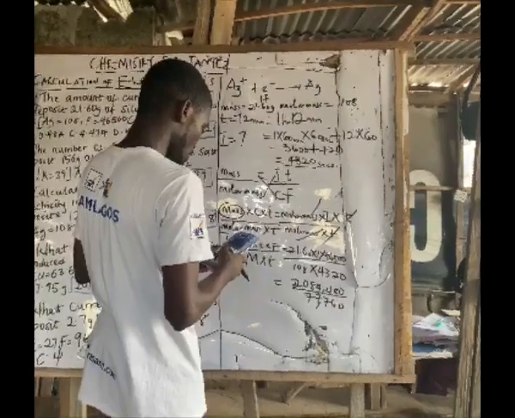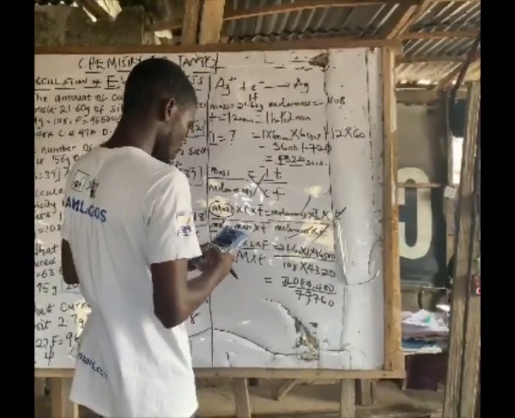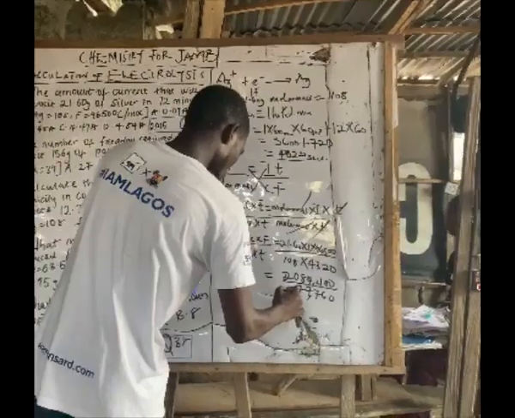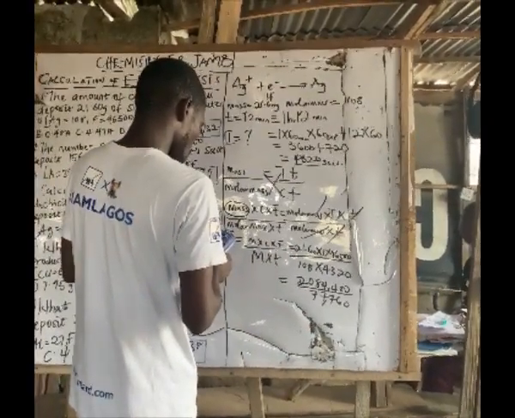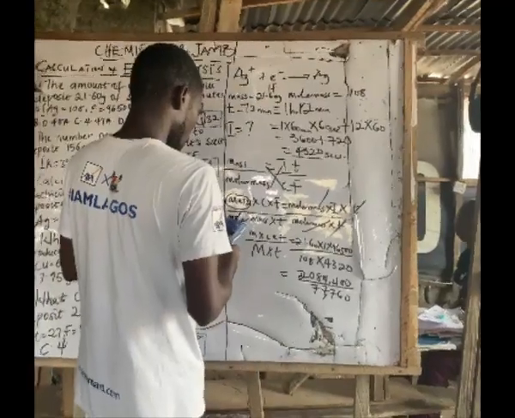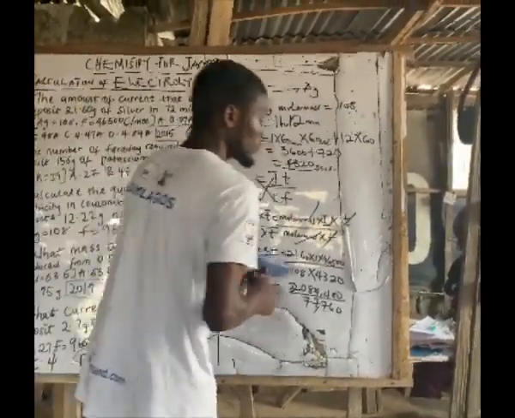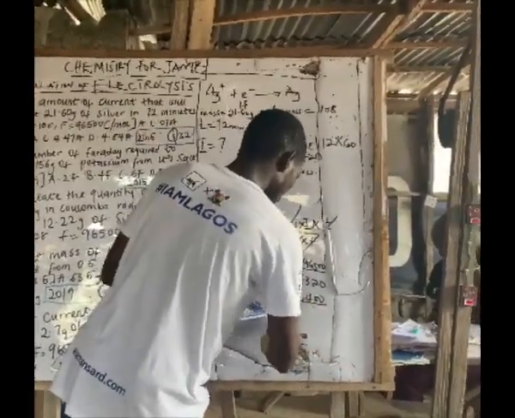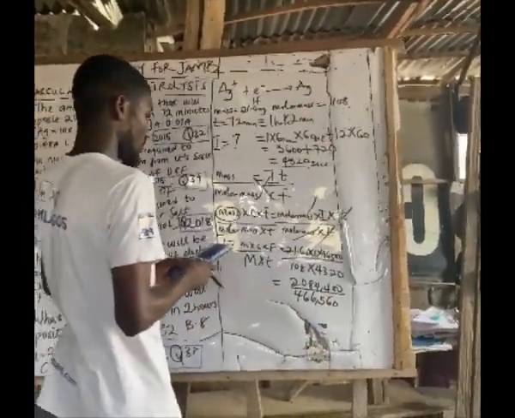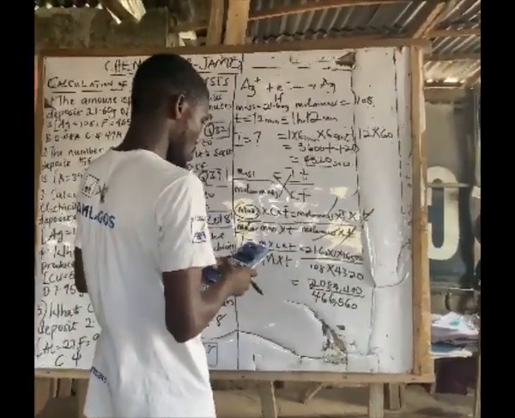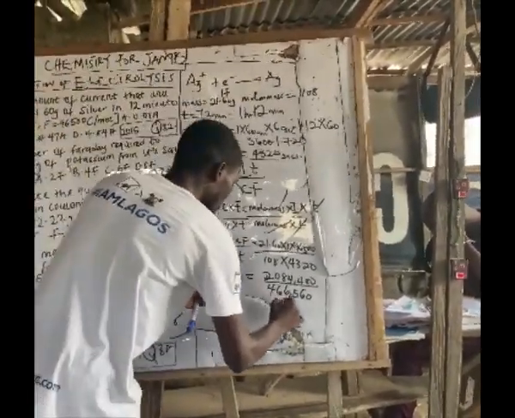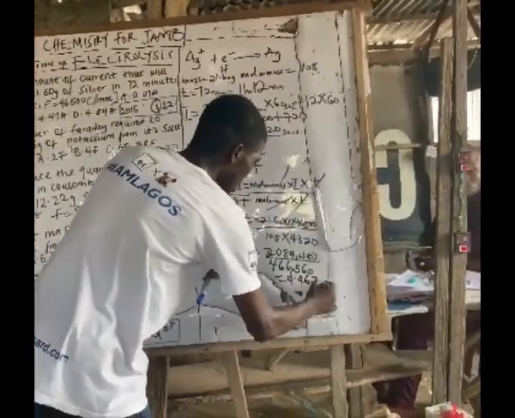So you can see we have 84.08, and then 4.467.